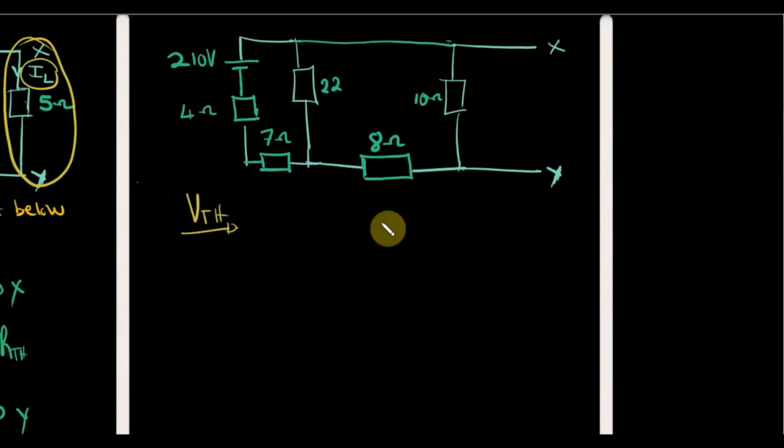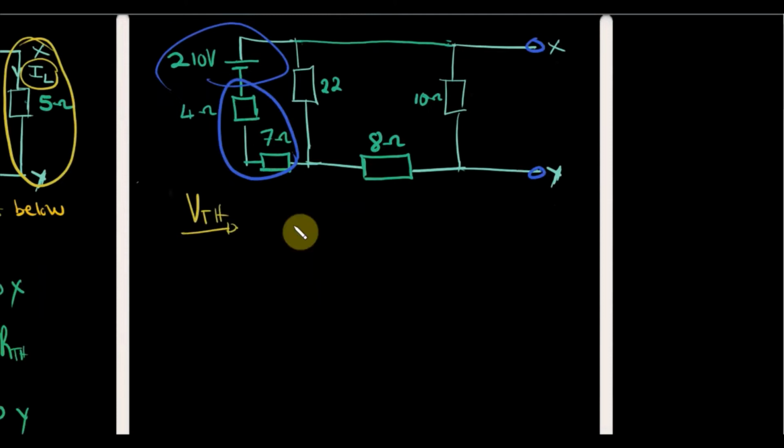For V Thevenin, we bring back the voltage sources. However, we don't bring back the load resistor. That one is gone. We've taken it out. So with the voltage sources returned, let's go ahead and simplify our circuit.